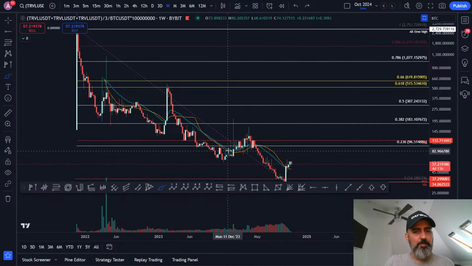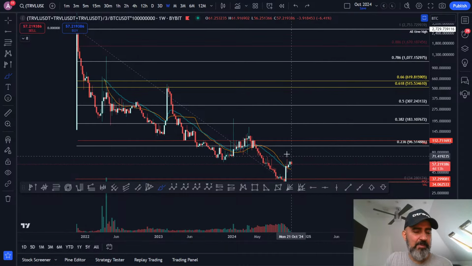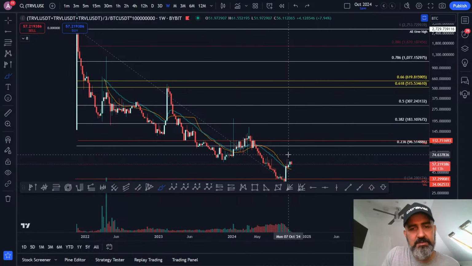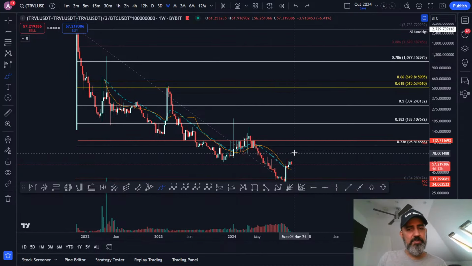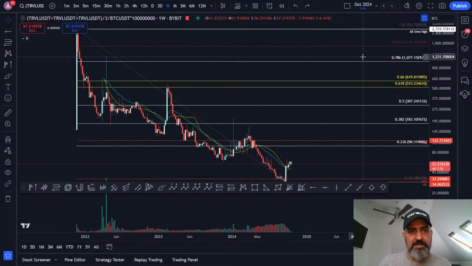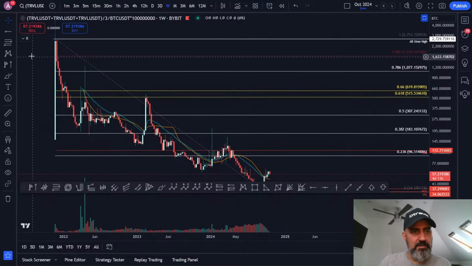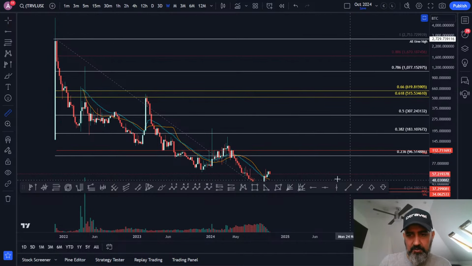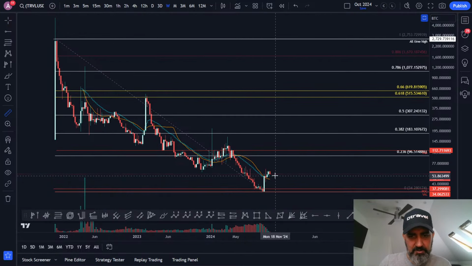You kind of want to start buying when we're back above these big MAs, because we don't want to be fighting a downward trend. We want to be buying with the trend, and this potentially is the beginning of a trend change against both ETH and against BTC.